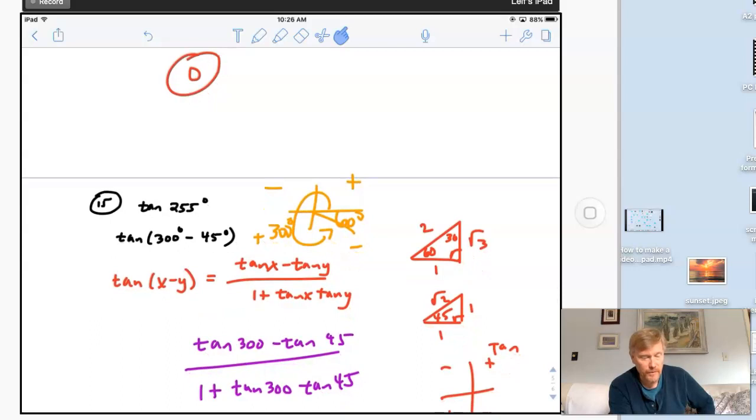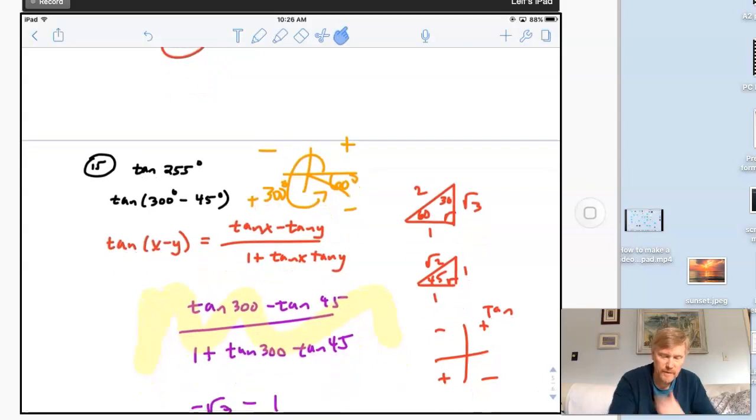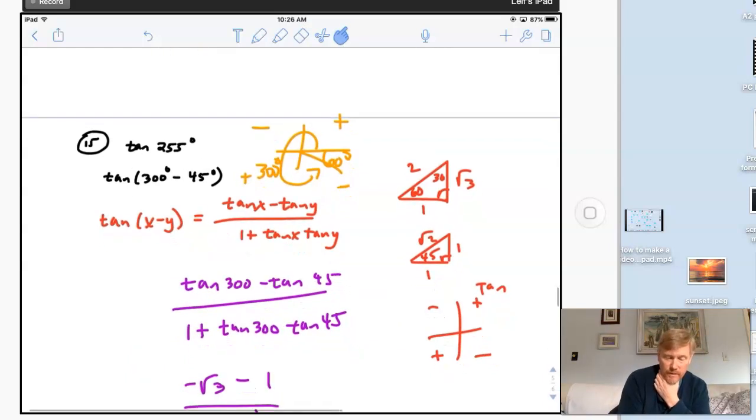So if I plug in the 300 and the 45, I get the tangent of 300 minus the tangent of 45 over 1 plus tangent of 300 times tangent of 45. Then if I take the tangent of 300, or the tangent of 60, I get the square root of 3 over 1. And it's negative, so I got negative square root of 3.